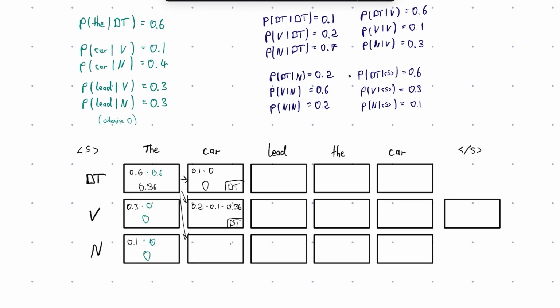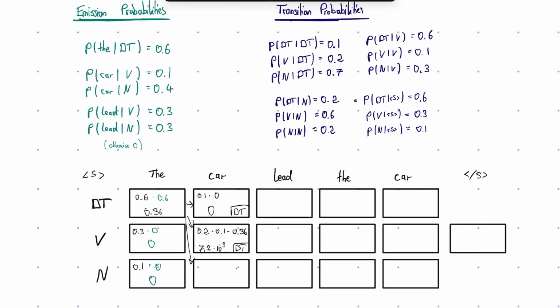And this will result in the following. Now for the last state, we have the transition from determiner to noun state, which is noun given determiner, which is here. So that's 0.7 times the emission probability for car given noun, which is 0.4, and the probability that we continue this path is this.